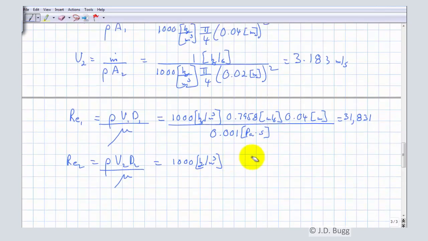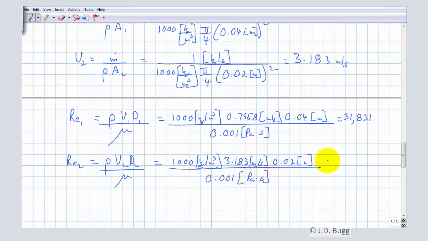Velocity much higher, that's our 3.183 meters per second, and diameter smaller, 0.02 meters. Viscosity the same. So that gives us a Reynolds number of 63,662.